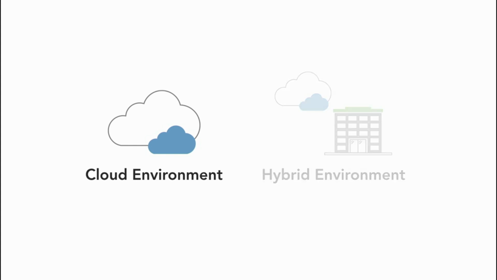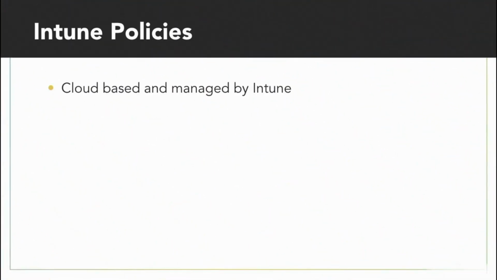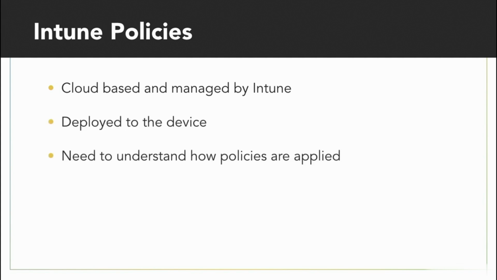Let's first look at managing Intune policy conflicts in a cloud-only environment. Intune policies are cloud-based and managed using the Intune portal. When a device connects to Intune via the internet, policies are deployed to that device. We need to understand how policies are applied so that you can attempt to resolve any issues.